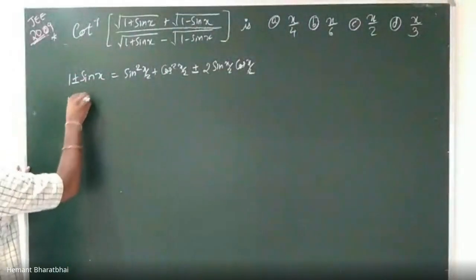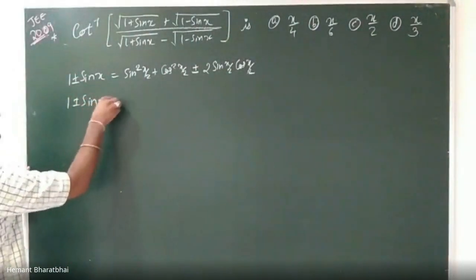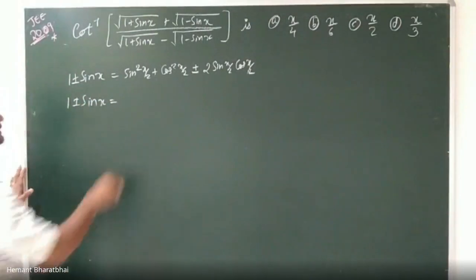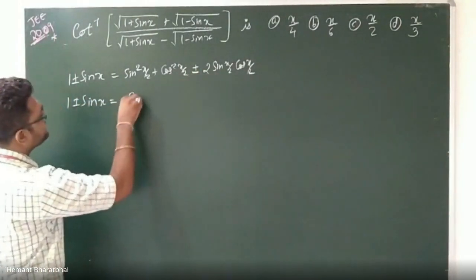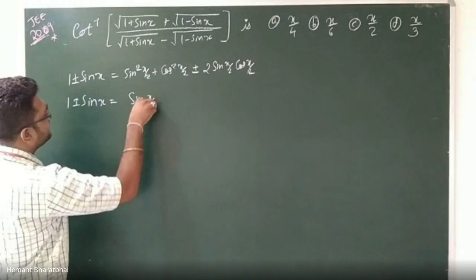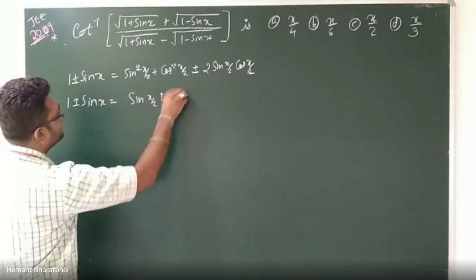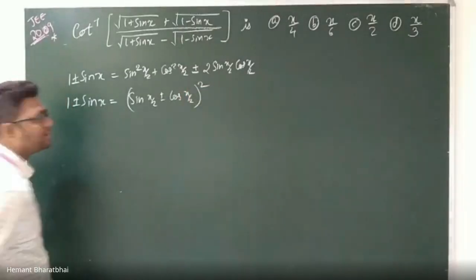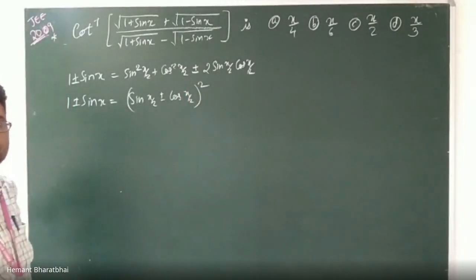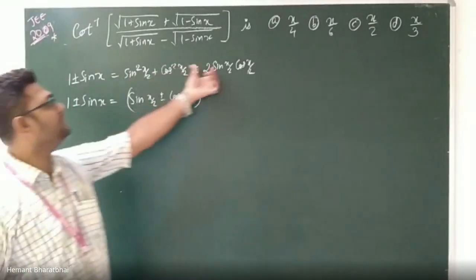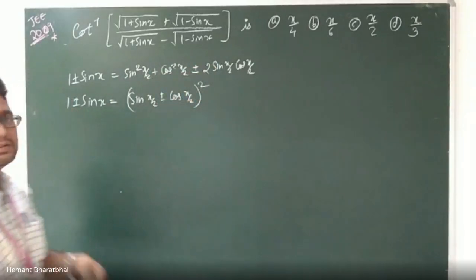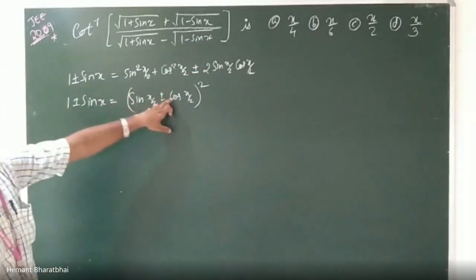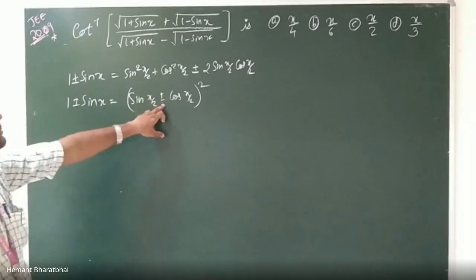Therefore, 1 plus minus sin x gives the expansion of sin x by 2 plus minus cos x by 2 the whole square. If it is plus, this is plus, and if it is minus, this is minus.